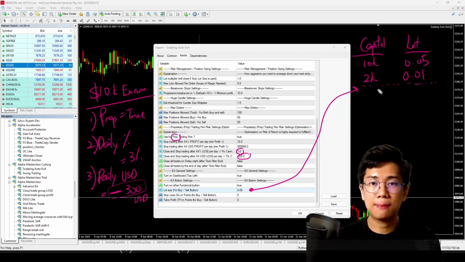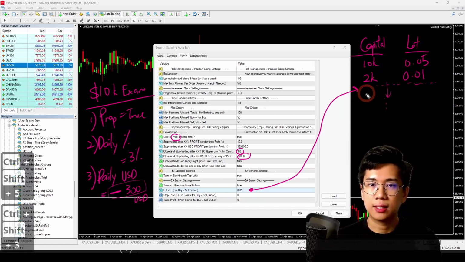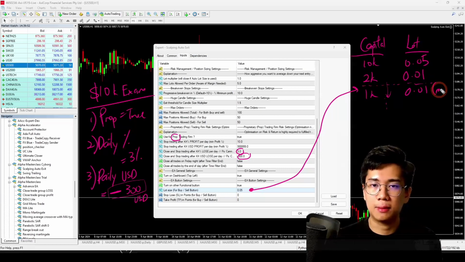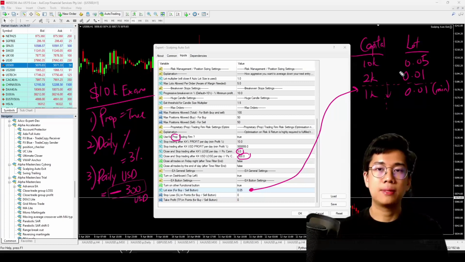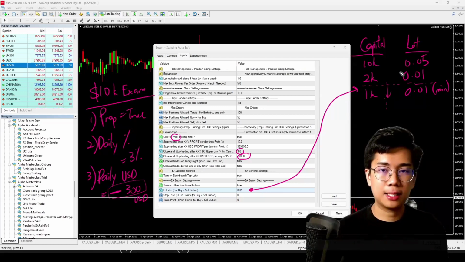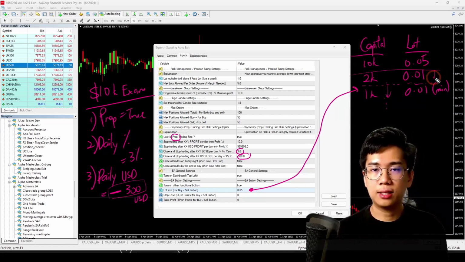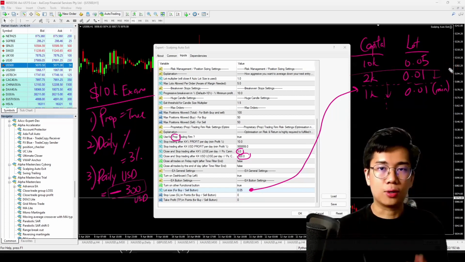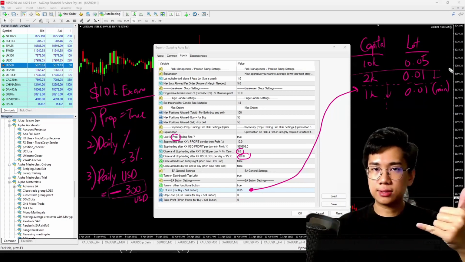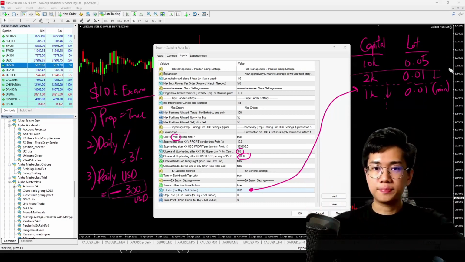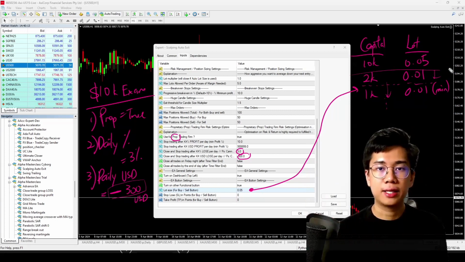If your capital is anyway lesser than 2,000, meaning it's like 1K and below, then no choice, 0.01 is your minimum lot size already. You just have to continue with this 0.01. Meaning that if your capital is 2,000 or below, your lot size is 0.01. If it's 4,000, 0.02, 6,000, 0.03, and so on. So that is the convention of it.